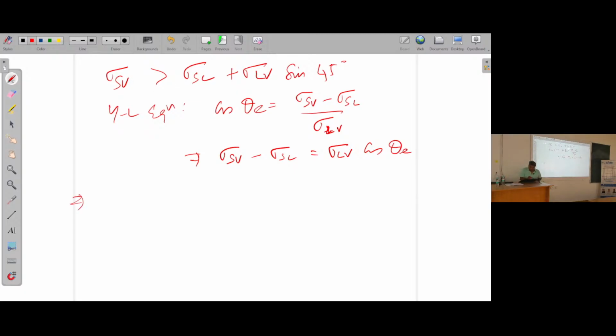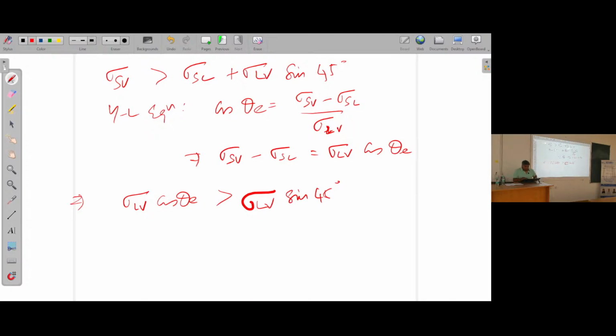So this implies, if I bring this to the other side, sigma SV minus sigma SL, so this becomes sigma LV cos theta E, should be greater than sigma LV sine 45.